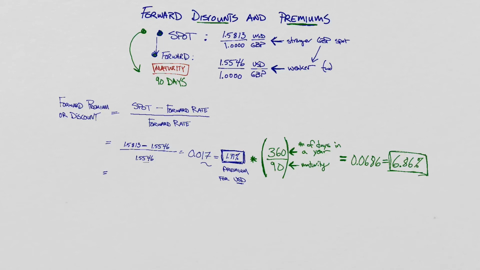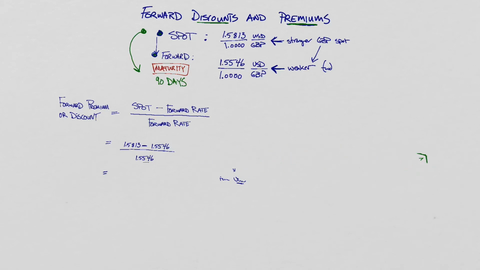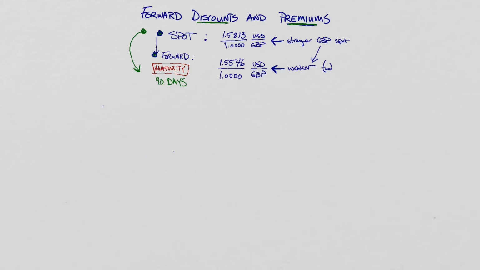And just for clarity, let's take this and kind of use some numbers that are backwards. Let's say that the spot rate is what it is, but the forward rate is different. Let's say the forward rate is actually bigger in magnitude than the spot.